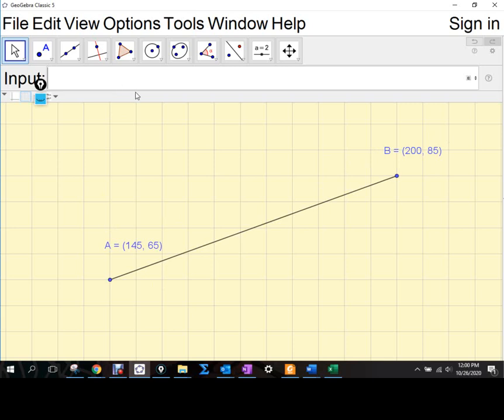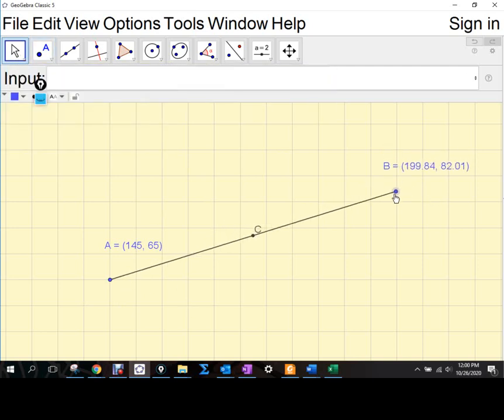So if I take the x value of A and add to it the x value of B and divide that by 2, and then put a comma, and take the y value of A plus the y value of B and divide that by 2, you see it puts that point right in the middle, right? So that's the midpoint.